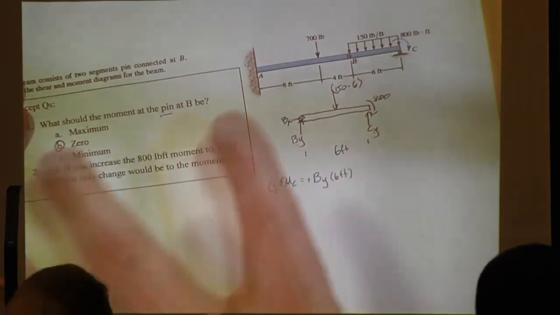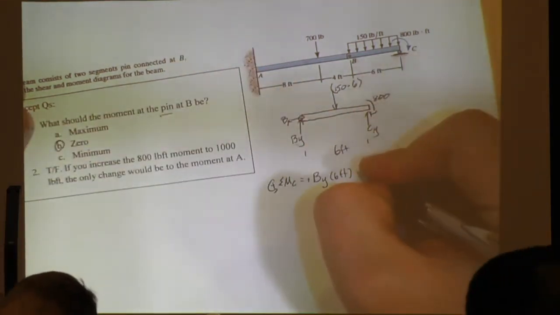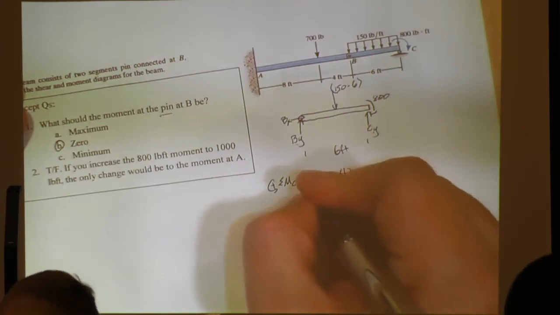Next, so let's go counterclockwise. Or that's minus, sorry. Minus.